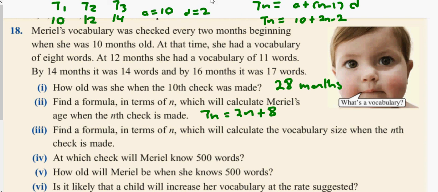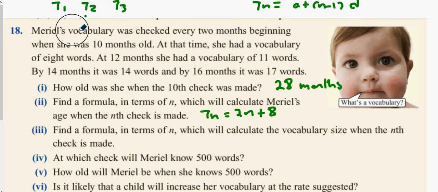Right, find a formula in terms of n that will calculate the vocabulary size. Okay, so we're going to go back here, and this time instead of counting in months, what are we going to do now? So it's 8, what else? 11, 14. So the A value is 8, but the D value is 3. So it's going to be 3n minus 3 plus 8.